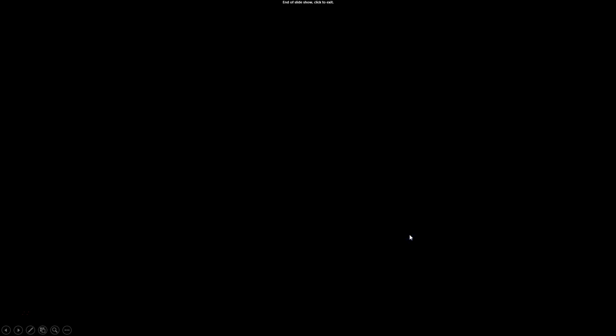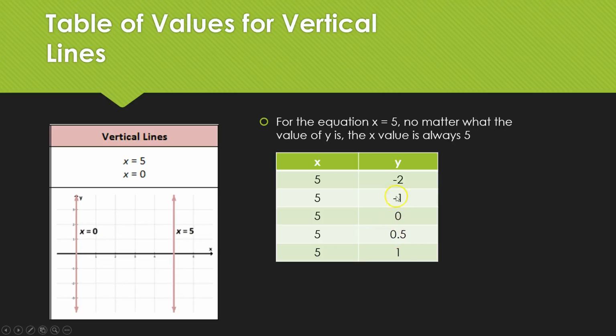Don't forget we can have fractional values for our x and y. So this is a line that is always on x equals 5, and no matter what, x is always going to be 5. That's why it's on the notch of 5 and is parallel to the opposite axis.